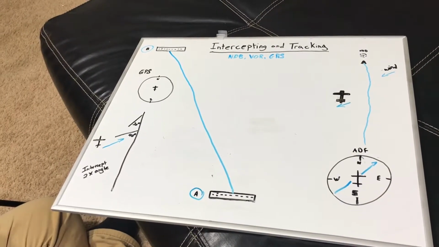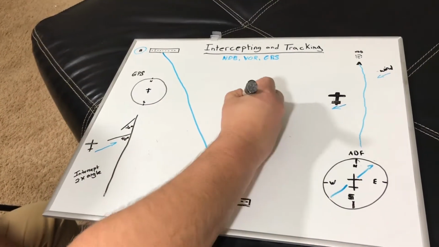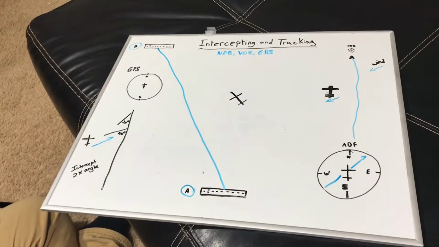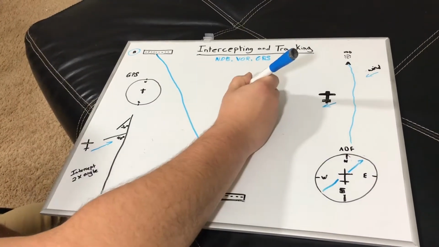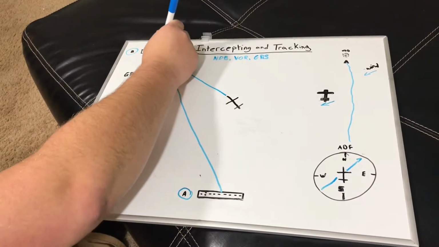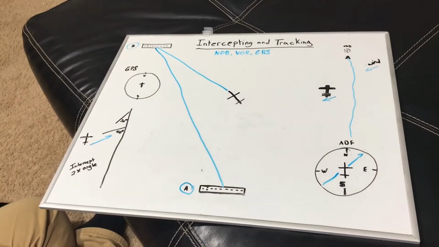And even if we find ourselves out in the middle and we're not sure where we are, we can always go direct to an airport via GPS positioning.